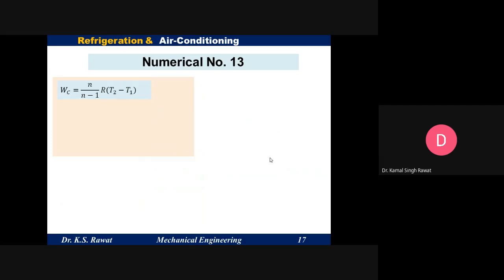For the calculation, we use the formula WC equals n upon n minus 1 into R (T2 minus T1). If the process is polytropic, we always use this formula. This is very important. So this is our compression work. Now we have the value of n, R, T2, and T1. So can you calculate the compression work?